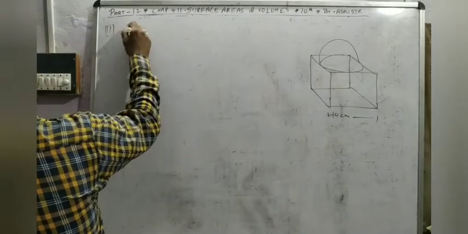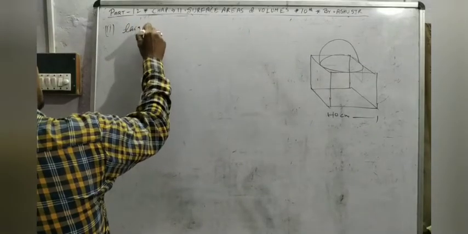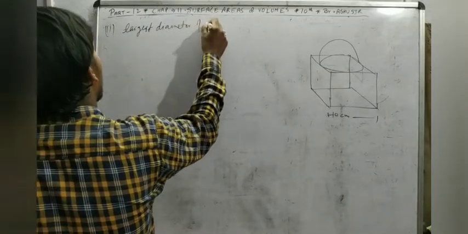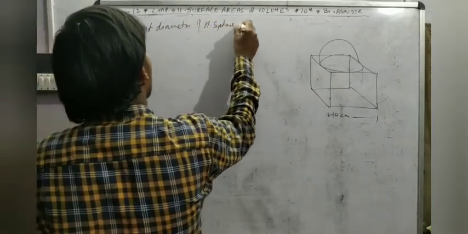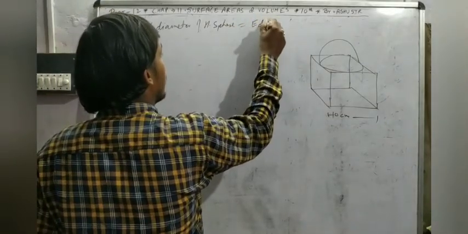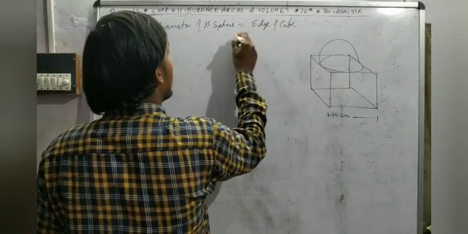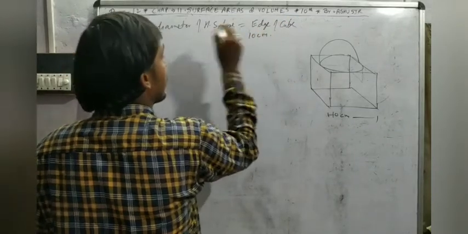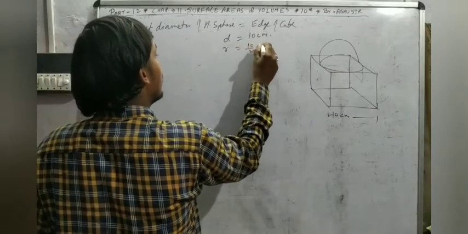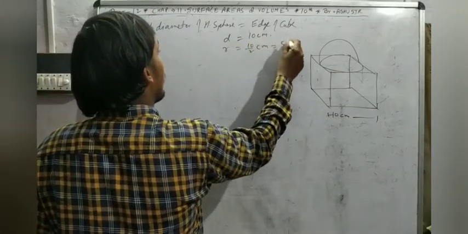So the largest diameter of the hemisphere is equal to the edge of the cube, that is 10 centimeter. So diameter 10, radius 10 by 2, 5 centimeter.